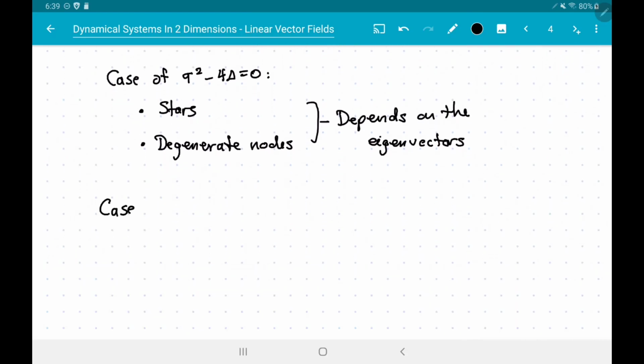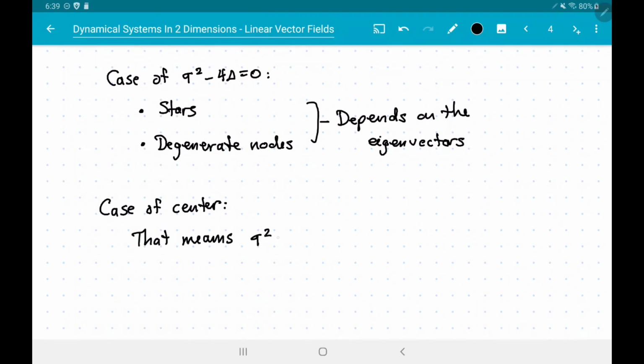Now, what about the case of centers? Case of a center. Okay, in this case, that means that the discriminant came out negative.